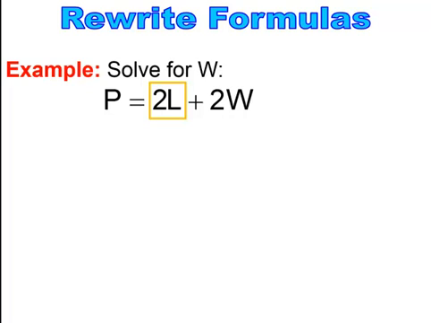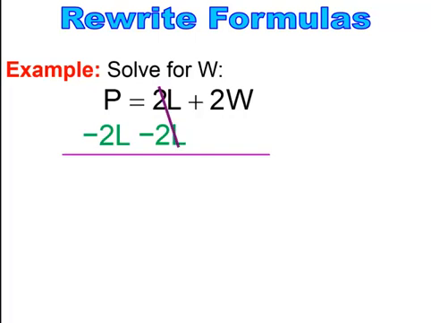And because it's positive, the inverse would be negative. So I'm going to need to subtract 2l from both sides. You're subtracting because it's not attached to the variable you're solving for. So I end up with capital P minus 2 capital L will equal 2w.